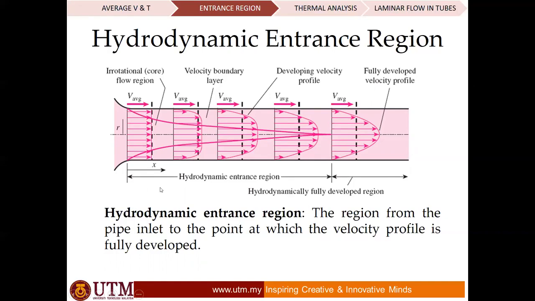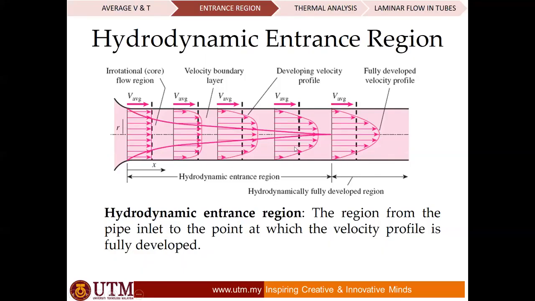So you have an entry region, a region where it starts to develop, and then you have a fully developed region. Why do we want to study two conditions? Because the heat transfer coefficient is a strong function of the boundary layer and the thermal boundary layer as well. So the heat transfer coefficient in this region is different compared to this region, because of the different behavior of the fluid.